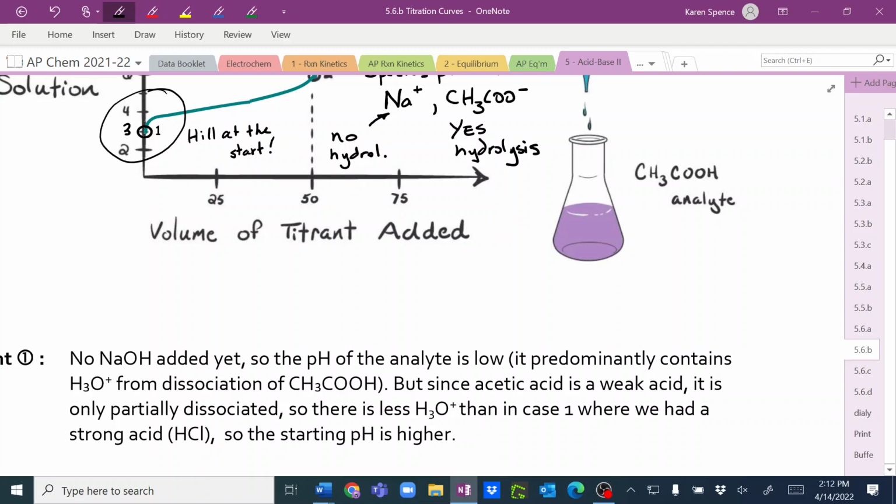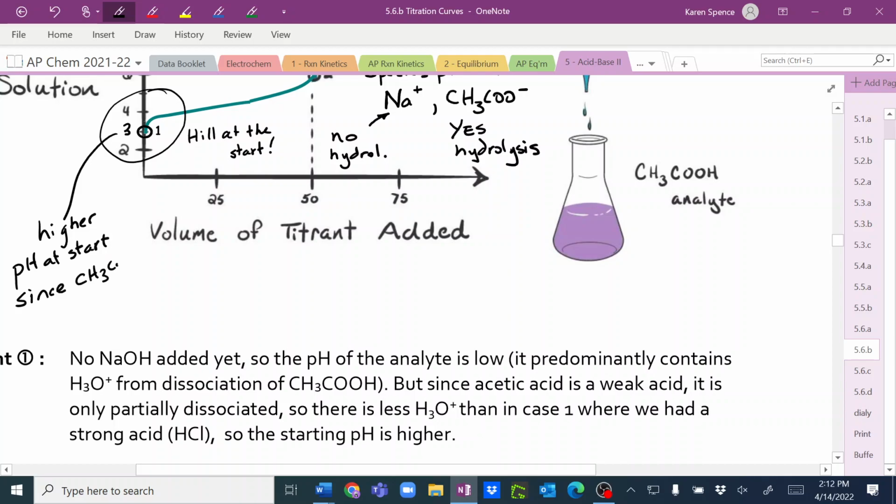So, since acetic acid is a weak acid, it's only partially dissociated, so there's less H3O plus than when we had the HCl, and that's why this is a higher pH at the start. Since CH3COOH is less dissociated than HCl, it's higher.